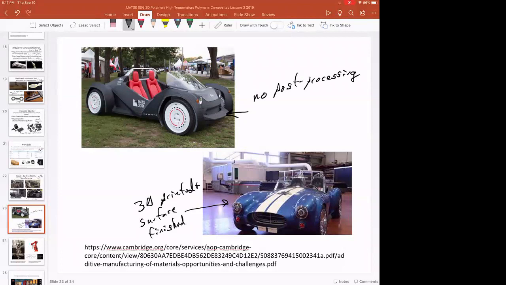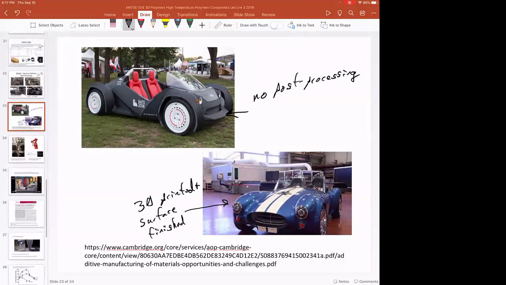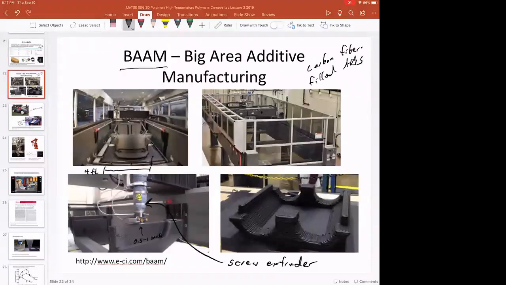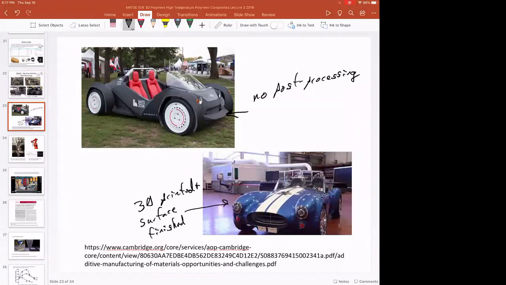And so post-processing is where the magic happens for additive manufacturing. There's been a lot of development of how do you surface finish something that starts off very layered and in some cases very ugly in terms of the resolution, and get something that looks like a car that people want to spend money on. Or at least something that they're used to. And so a lot of the details of some of these large scale additive processes are in the surface finish and how that's applied and how durable it is.